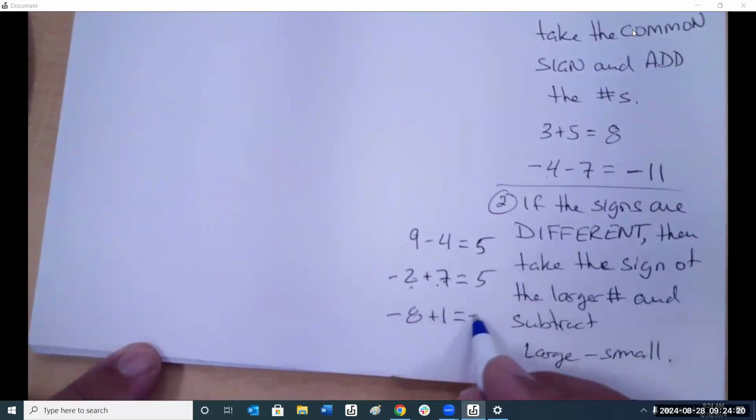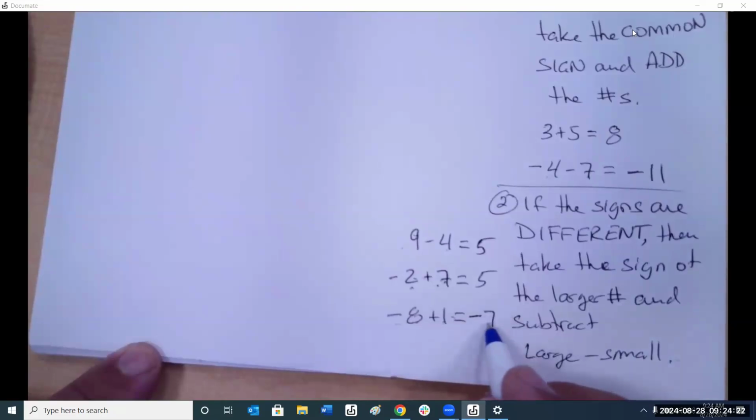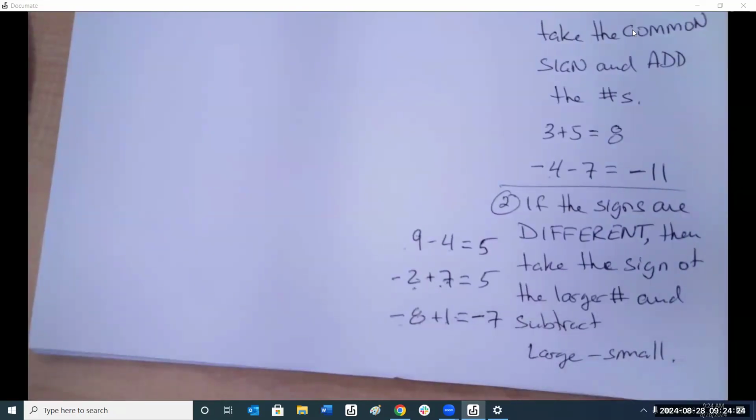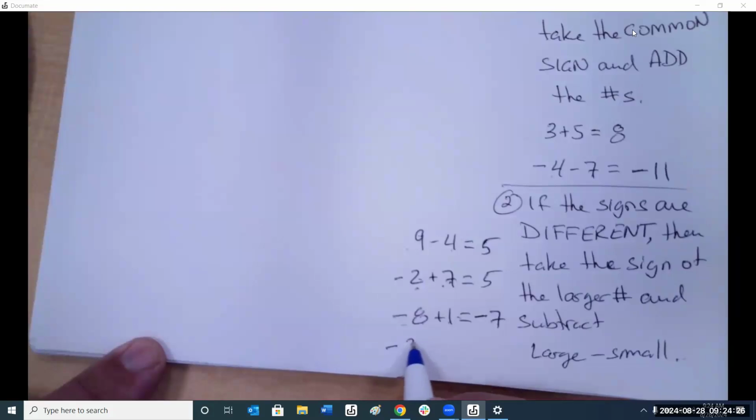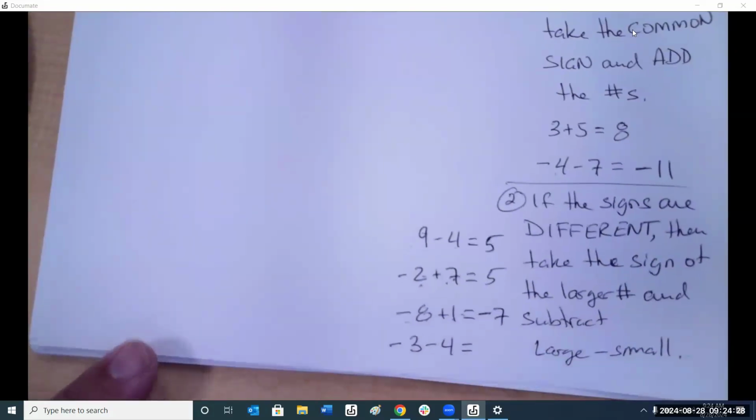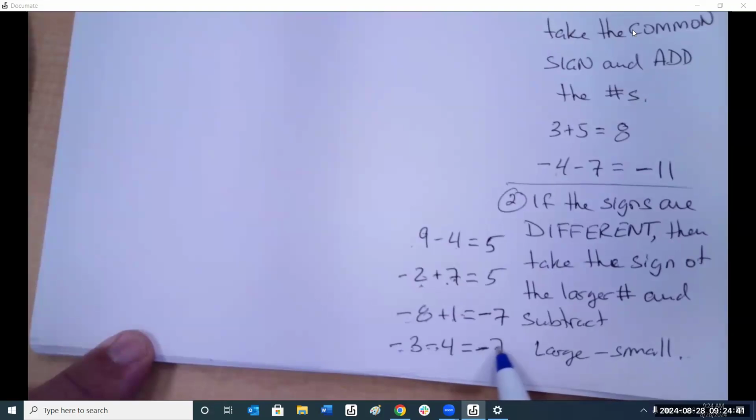It's negative, so the answer is negative. 8 minus 1. They're both negative. This is a trick question. They're both negative, so the answer is negative. 4 plus 3 is 7.